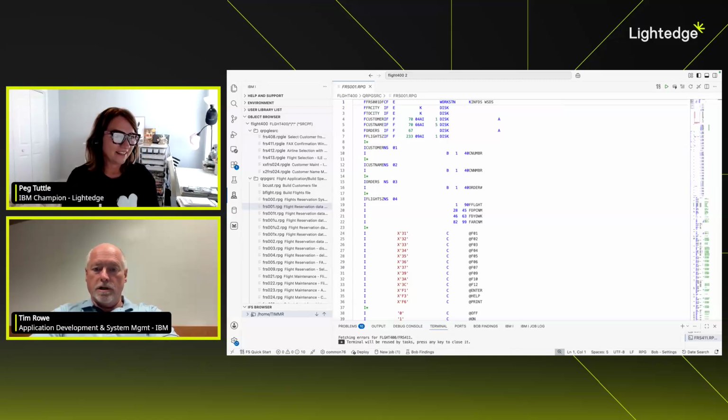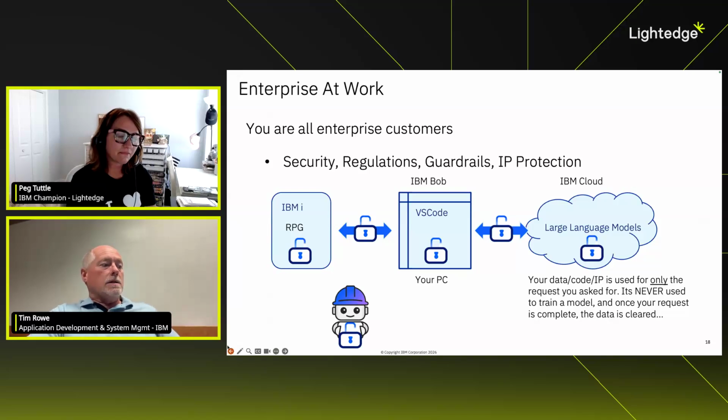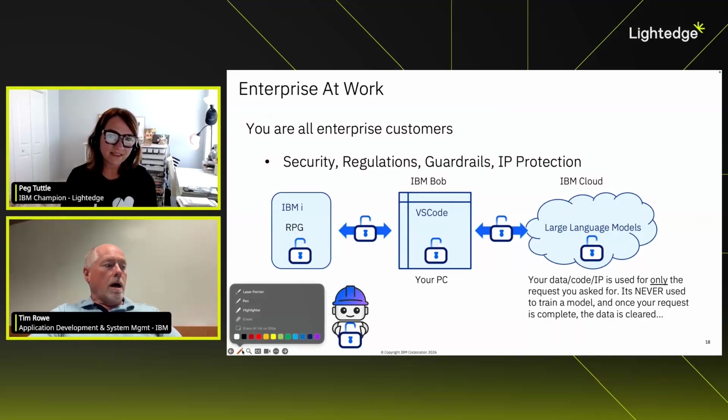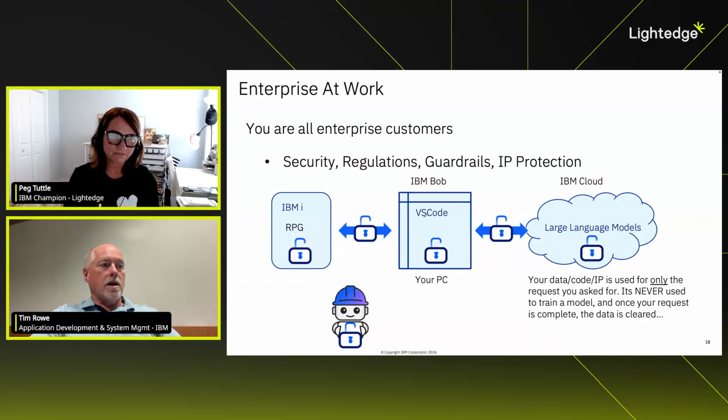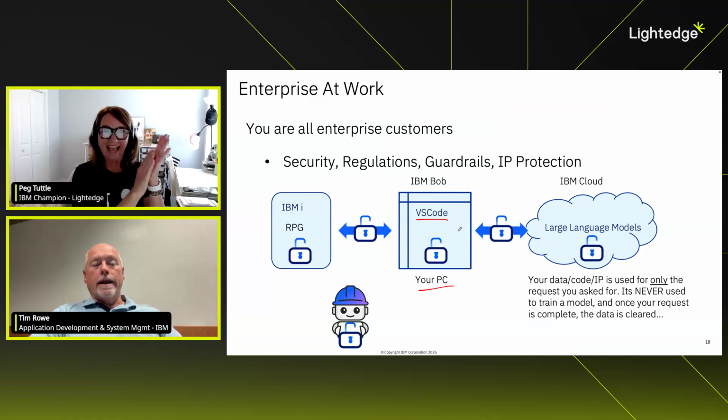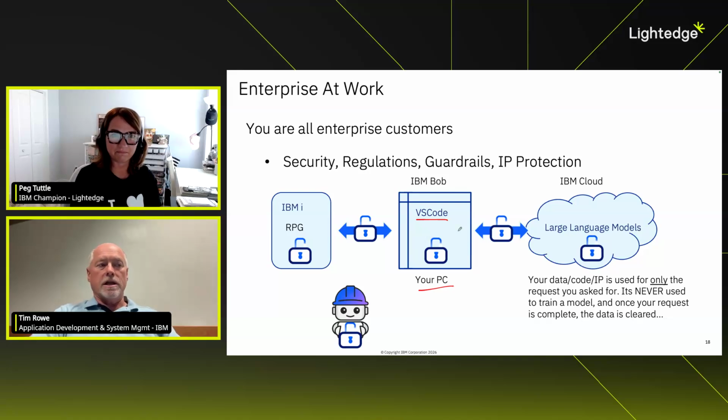If you force me to go back to slides, fine. I can do that. Bob is a VS Code. We forked VS Code. So you're going to install Bob on your PC. It includes VS Code, so you will no longer need a separate VS Code install. You can use Bob, which contains all of the stuff.